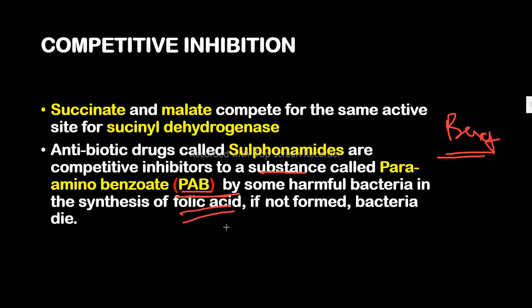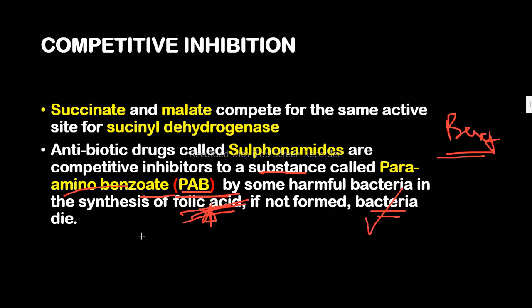And this folic acid is an important vitamin as far as bacterial survival is concerned. So, no PABA, no folic acid, bacteria die. Enough PABA, enough folic acid, bacteria thrive.